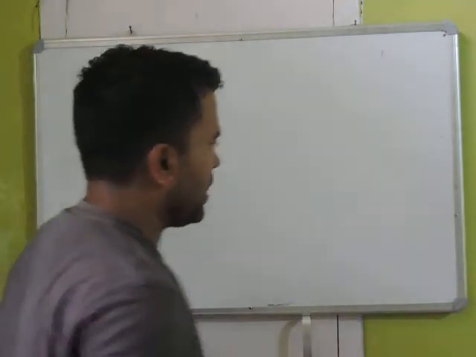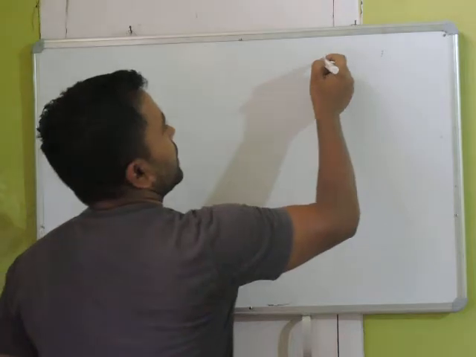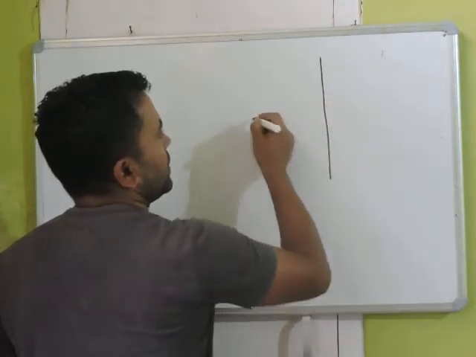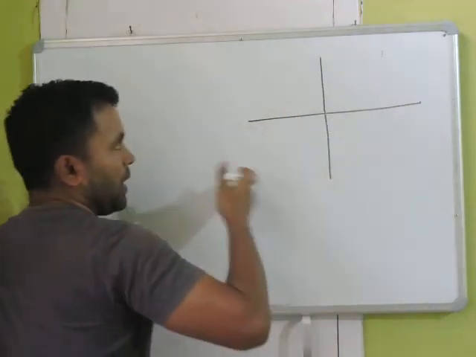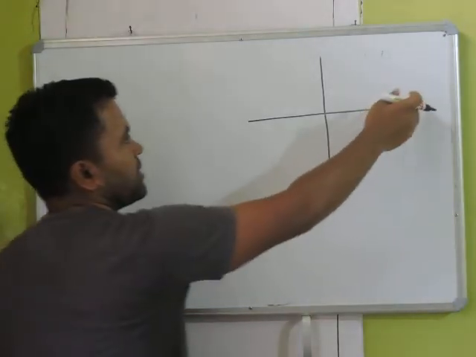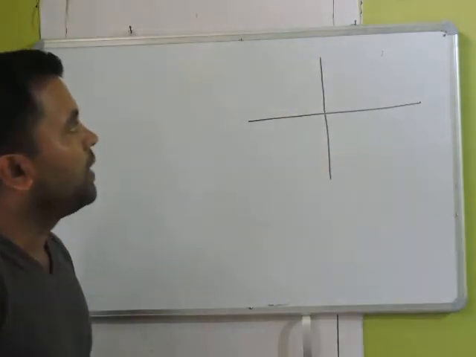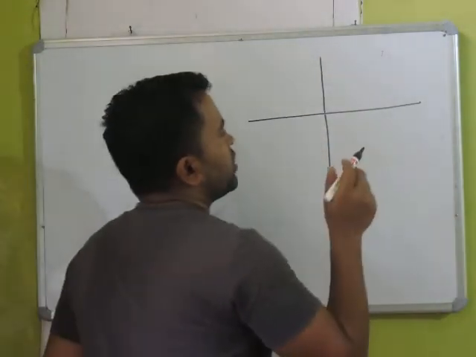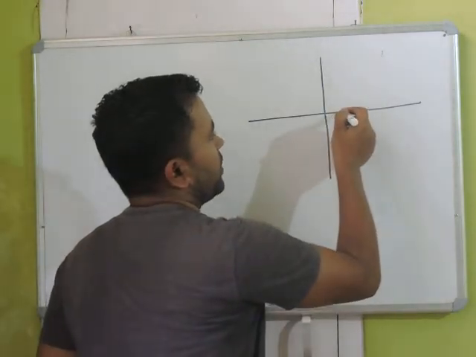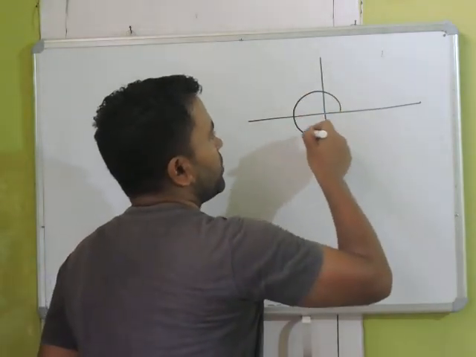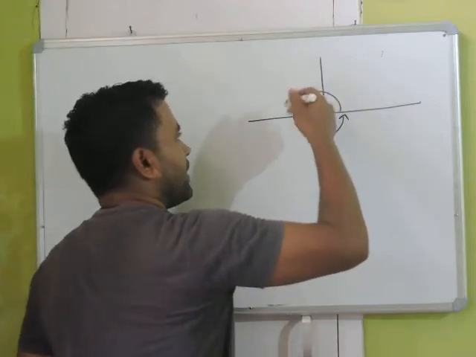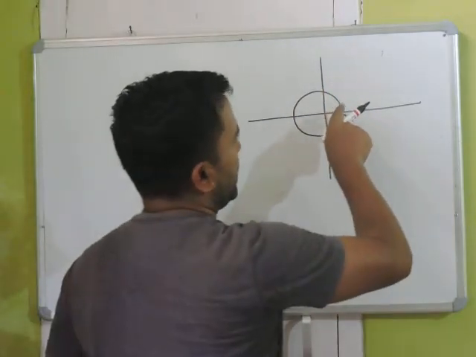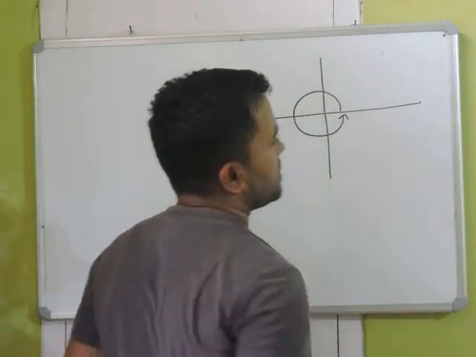Now it turns out that if I draw this kind of thing, this is the xy plane. In trigonometry, suppose you start moving from here and we go in this direction, the angle is supposed to be positive. So generally if I go in this direction, the angle is taken to be positive.